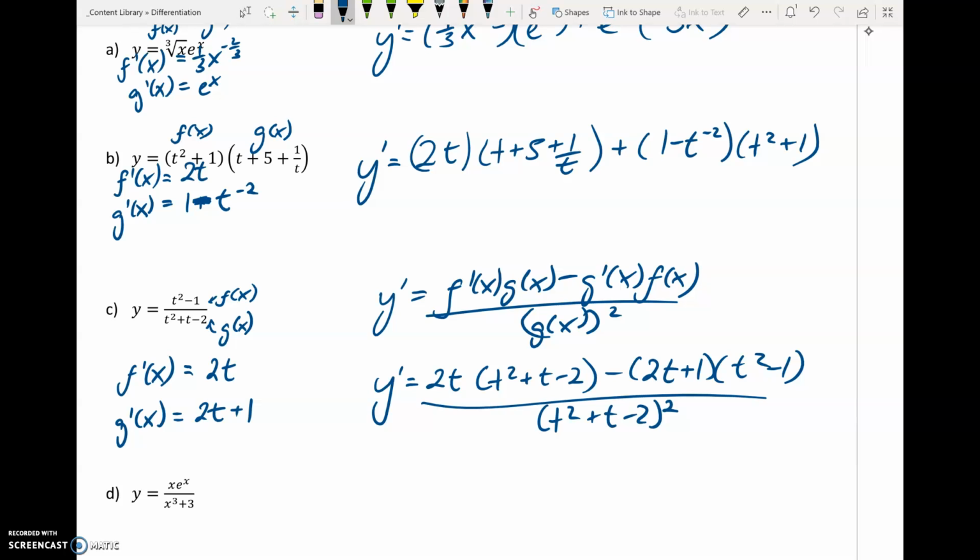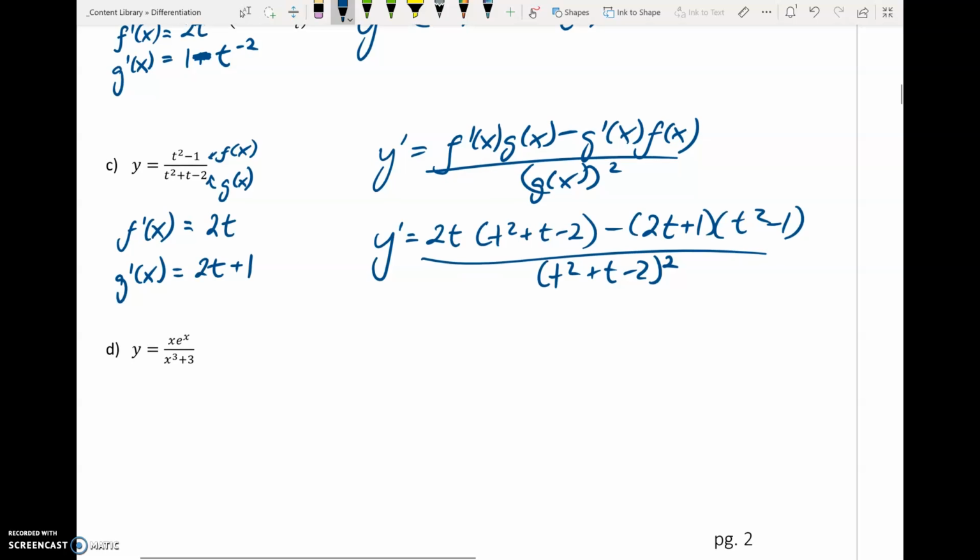And our last example on the quotient rule, that can be our f of x because that's the numerator, and that can be g of x. We need to find the derivative of each first. If you look at f of x, it's actually not that simple because we have a function times a function, which means we need to use the product rule here to find the derivative of f.